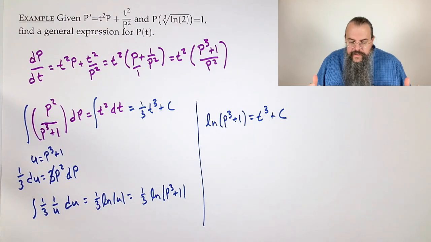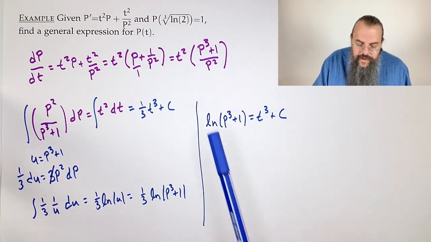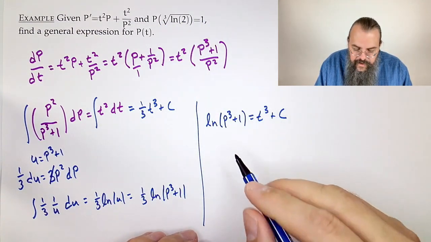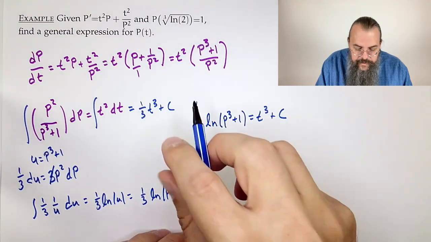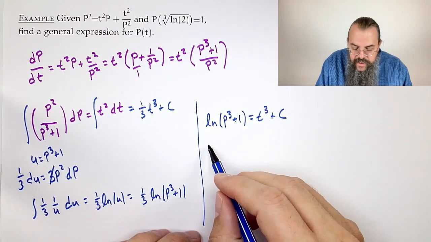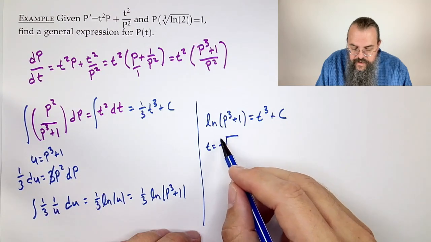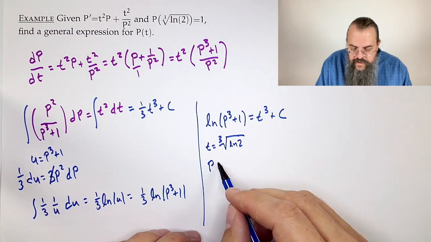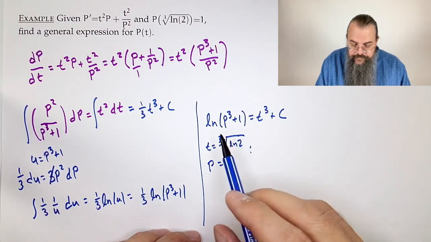Well, what do we want? Let's solve for c. There's this crazy looking expression here, and it says, look, when t is equal to the cubed root of log 2, that p should equal 1. All right, that's our initial condition.